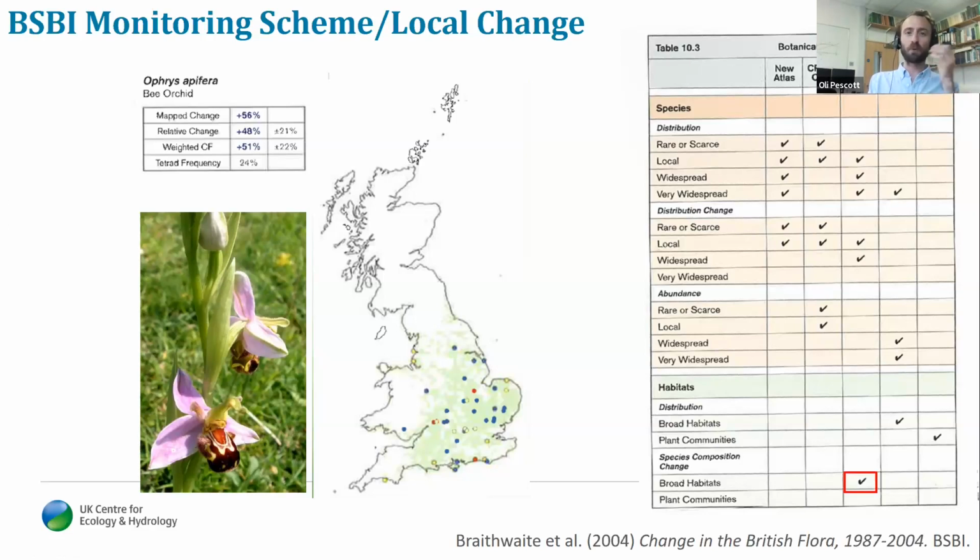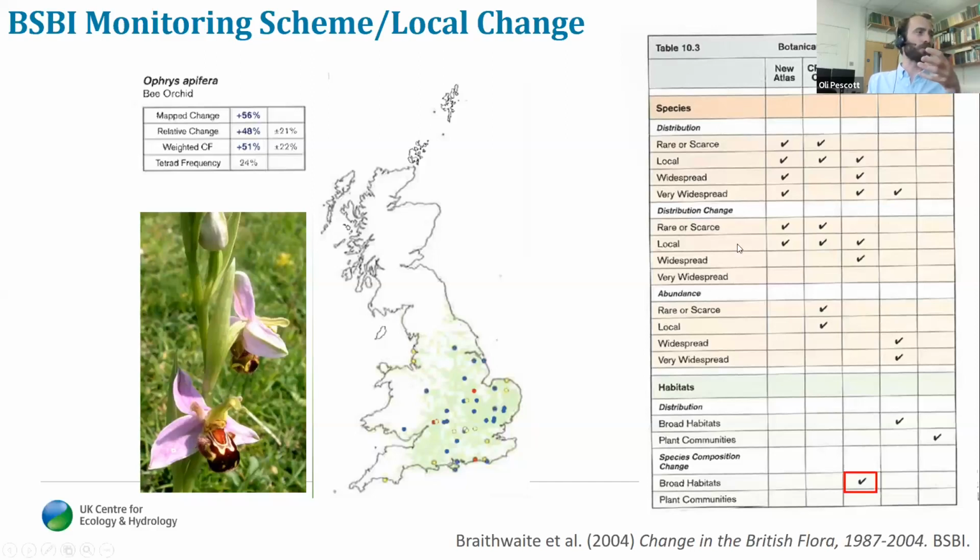And working at that smaller scale of 2 kilometers did allow more to be said about the associations between species in terms of their occurrences in broad habitats, their communities, their co-occurrences at that scale, and also provided quite a reliable look at change at that scale because of that systematic random basis.